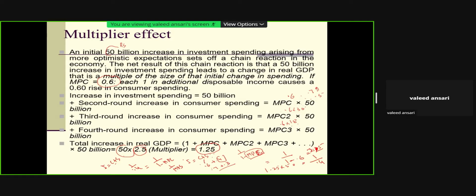When government increases expenditure, it creates a chain reaction, a chain effect, and that stimulates the total demand in the economy. The formula for working out this effect I have already told you.